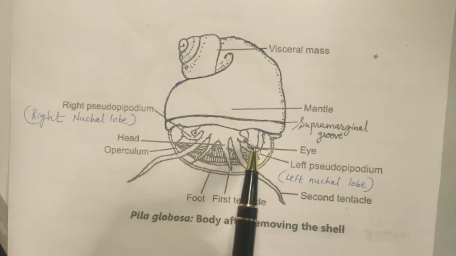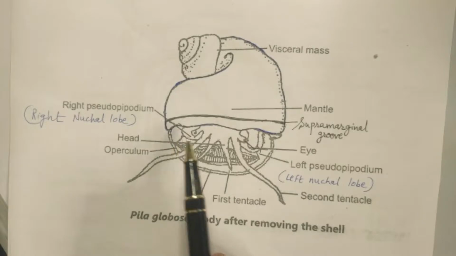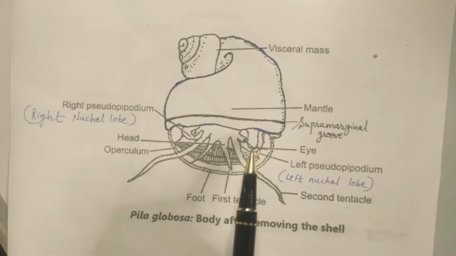The left side is larger than the right side. The right-sided nuchal lobe is smaller than the left side. Why is this left-sided nuchal lobe or pseudopodium larger?